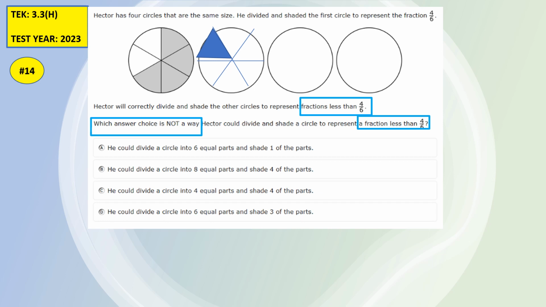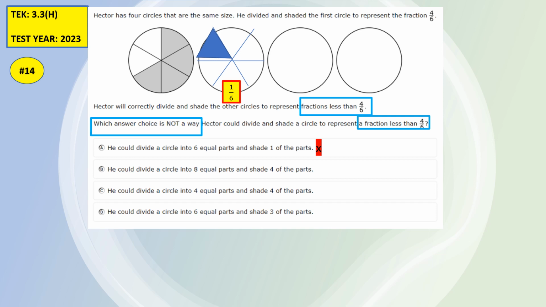This is a way that he could divide and shade a circle to represent less than 4/6. So that means that this is not the answer I want. I don't want it because that represents 1/6 and that is less than 4/6. And we're looking for the wrong way. That's actually the right way to do it. We want the way that he would not do it. That is the way he would do it, okay?